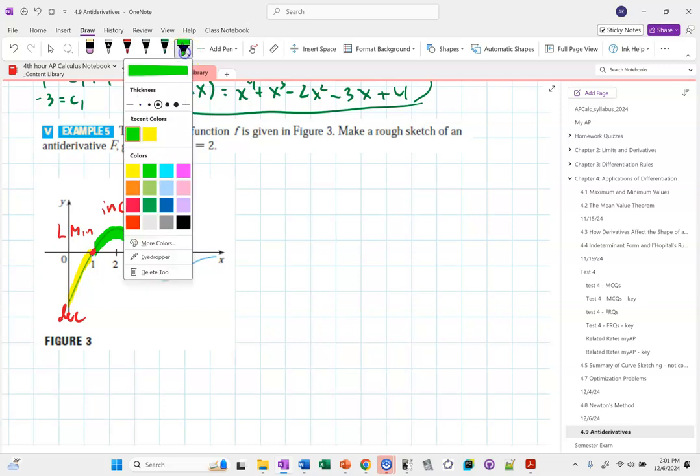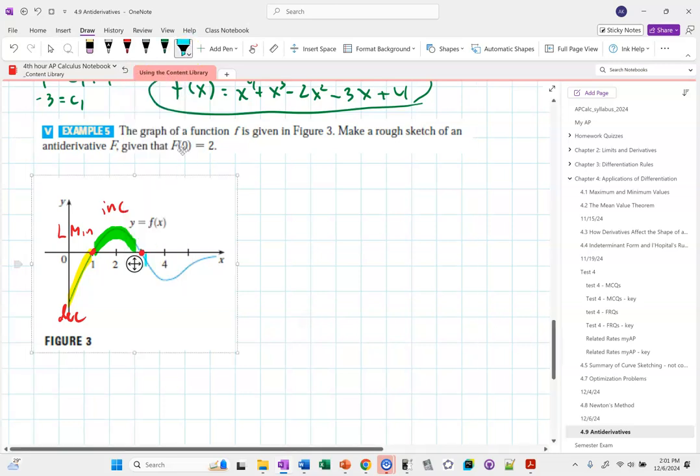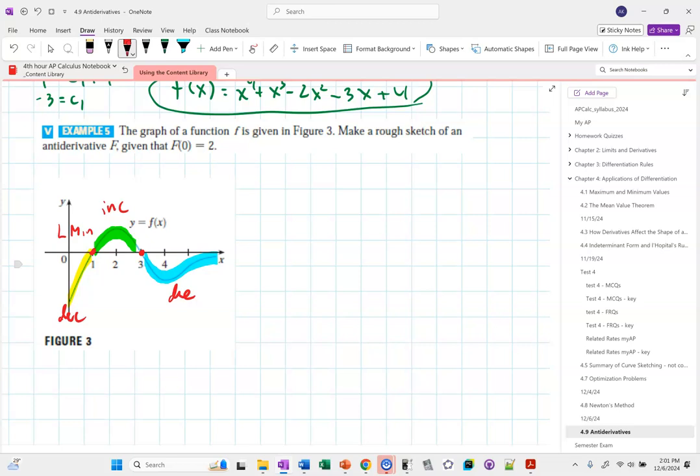And then I can see that from this section, we're decreasing again. So what happens at 3? Local max. Now let's think about the second derivative for a moment, right? The second derivative is going to be 0 where the first derivative has its extrema. So my inflection points should be at 2 and 4.